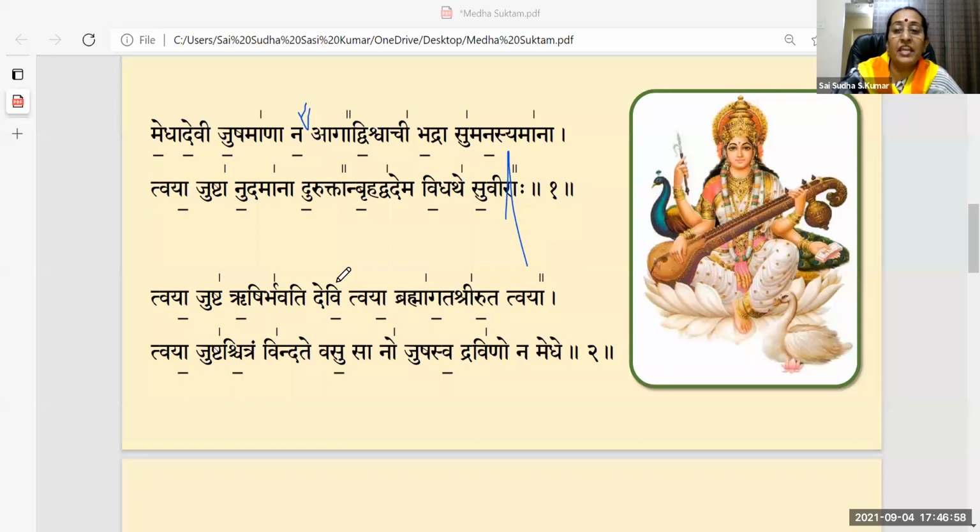Here it is not Devi, it is Devi. Normally there is a tendency to elongate the Hraswa Matra. We should not be doing that while chanting. We have to be conscious. According to me, the best way to take precaution is whenever a word ends with a Hraswa Matra syllable, it's better you don't break it there so that it doesn't get elongated.